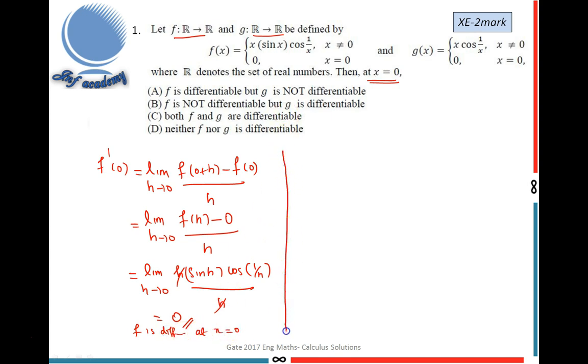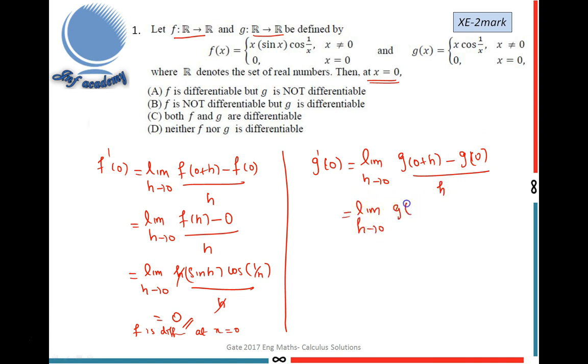Similarly we have to check whether g is differentiable or not. The function g of x is x cos 1 by x. We have to check g is differentiable at x equal to 0 only. So g dash of 0 equals limit h tends to 0, g of 0 plus h minus g of 0 divided by h. g of 0 is also 0, because at x equal to 0 the g value is 0.